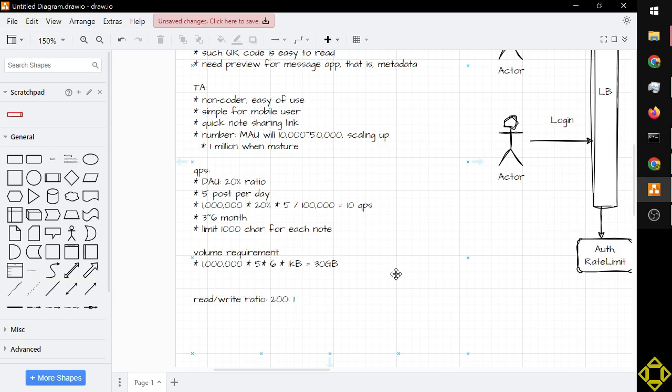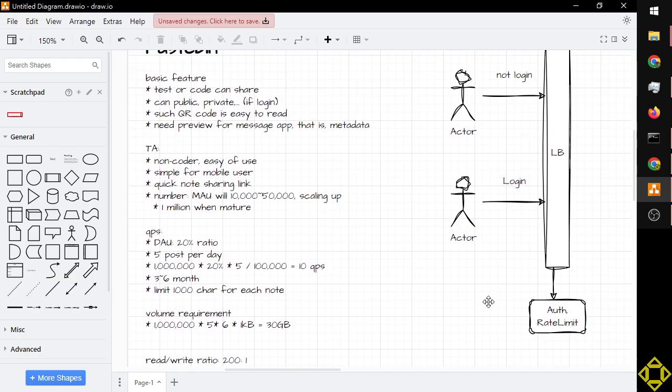Okay, I have another thing to discuss with you. Because the note can be set to public or private, a user can be logged in or not logged in. If they log in, of course we need some authentication solution, and maybe we need to store an account for that person.